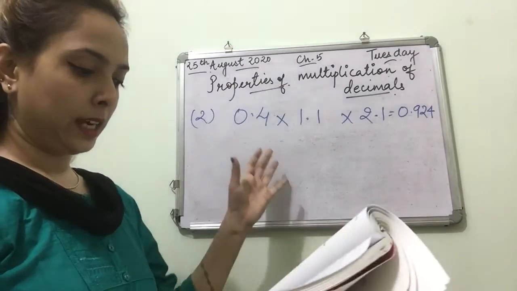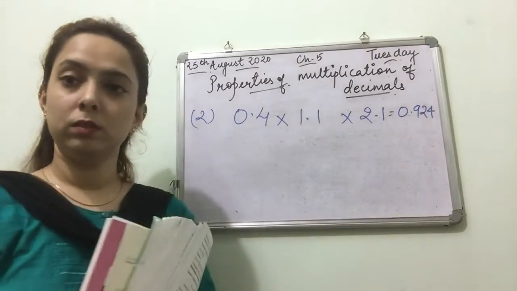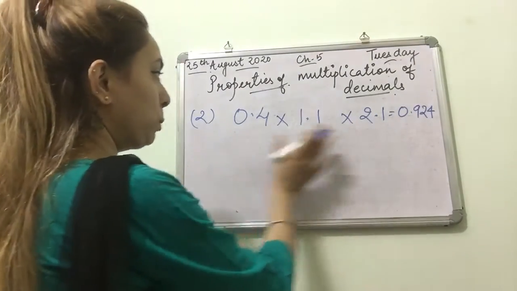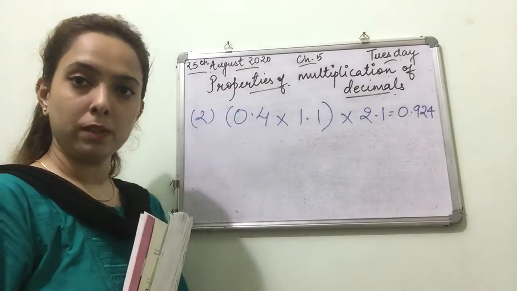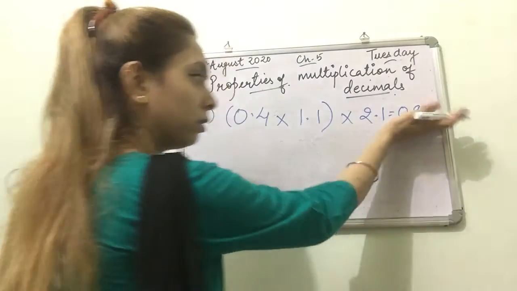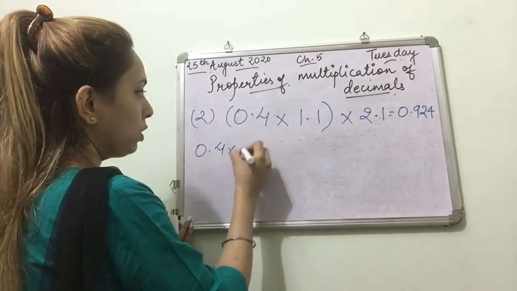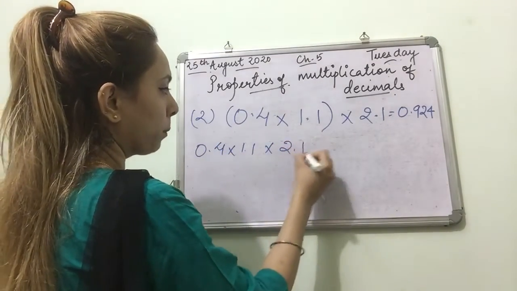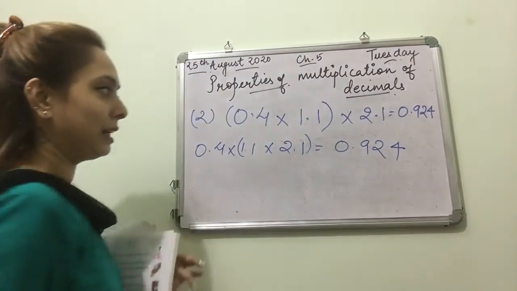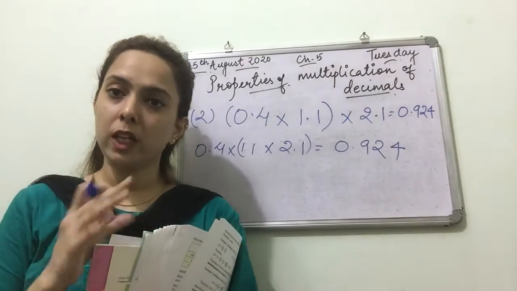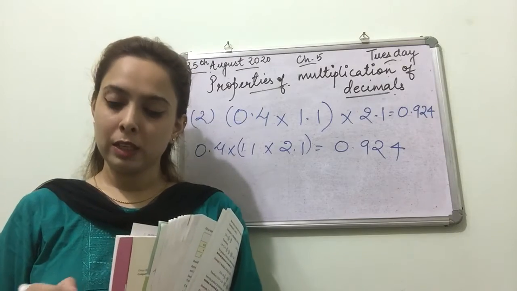So here in this case, this is the multiplication between the decimals. If I am grouping these two decimal numbers, your product will be this. And suppose if I change the grouping, your answer will remain the same. If you change the grouping of decimals, your product will remain the same.